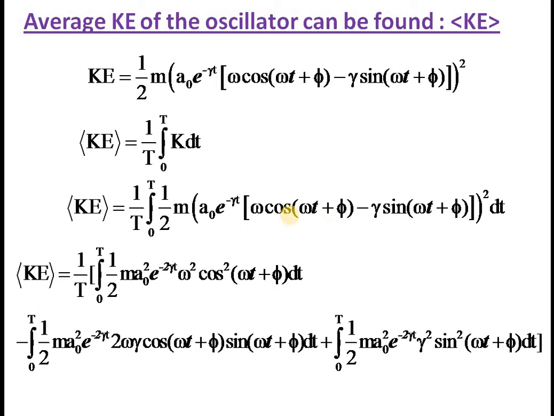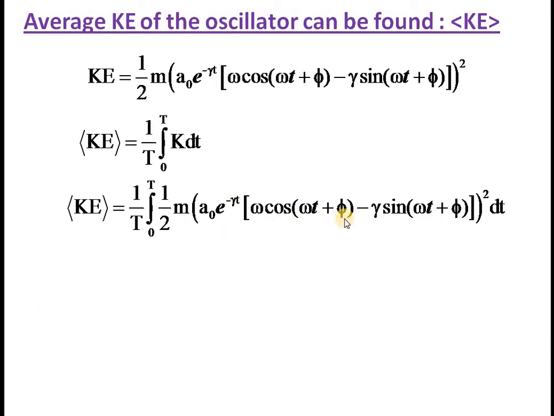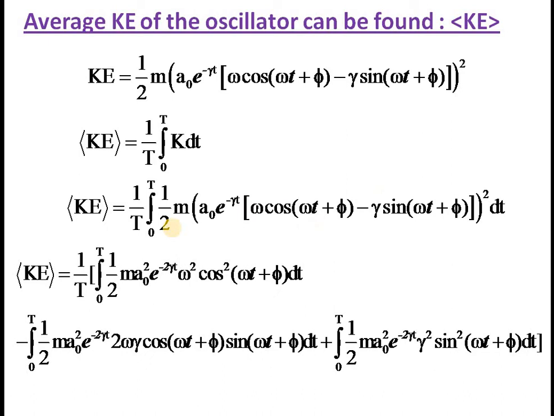When you integrate it, you can see that inside the integral there is an (a minus b) all squared form. (a minus b) all squared is a squared minus 2ab plus b squared. Similarly, here I expanded this expression.